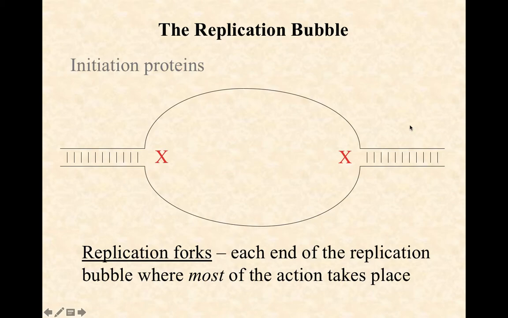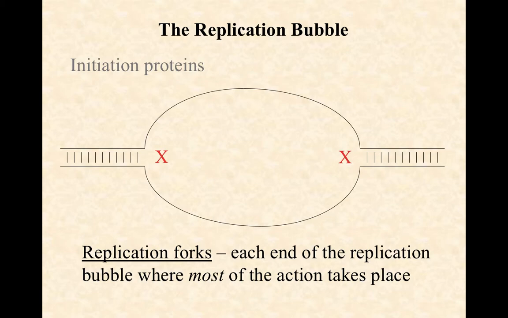What I mean by move is there are proteins that are going to unzip or open up or pull apart, however you want to think about it, the double-stranded regions. They're going to disrupt the base pairing so that we have single-stranded regions of both strands exposed to act as templates for the new daughter strands to come in.